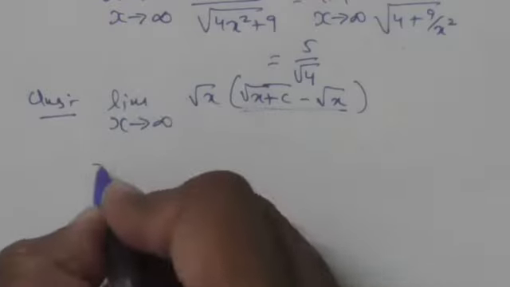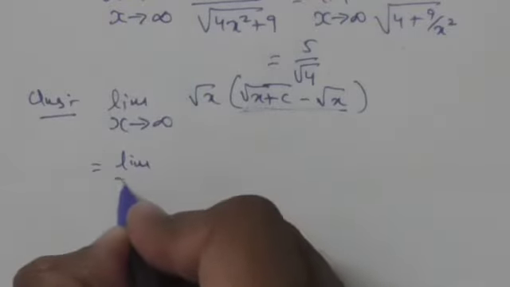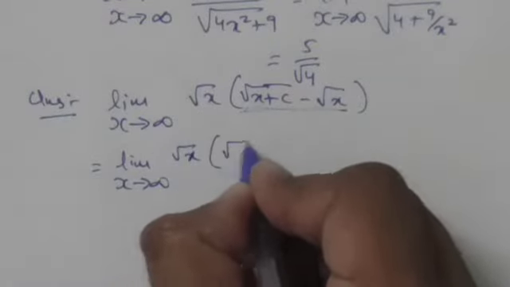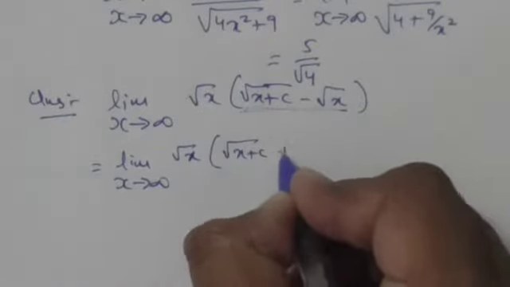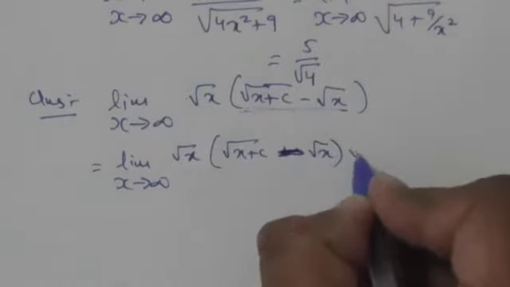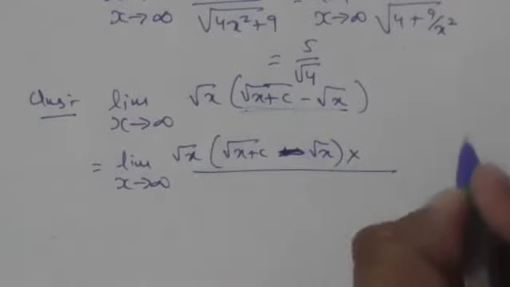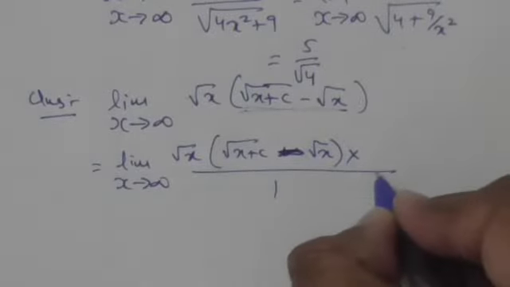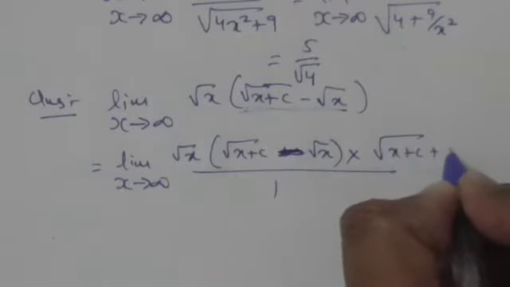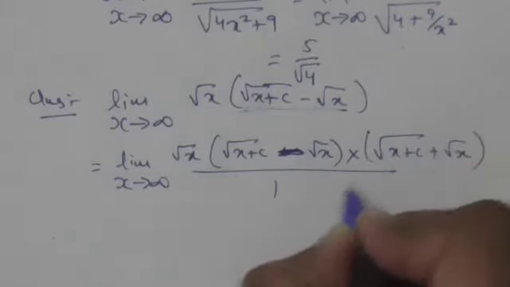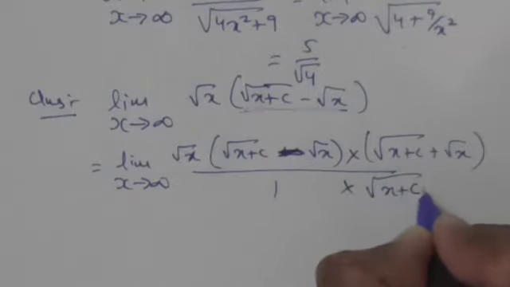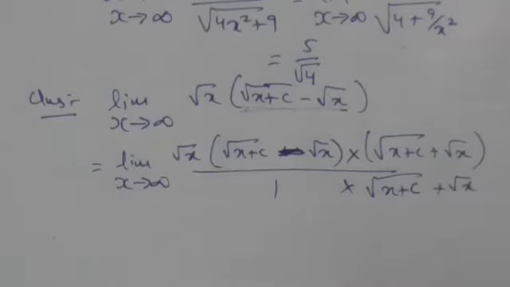So we will get limit x tends to infinity root x plus c minus root x into root x plus c plus root x, divided by root x plus c plus root x.